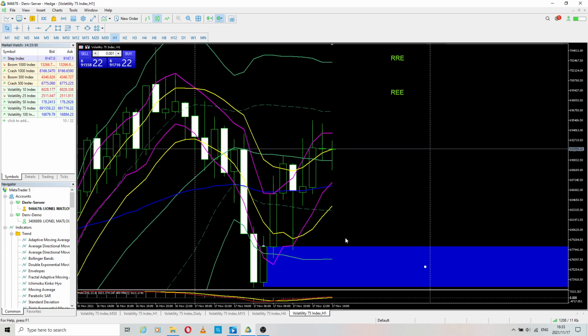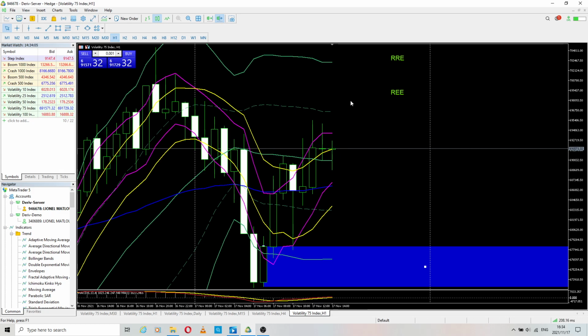Then a candle closes outside of that Bollinger Band. That candle is called a momentum candlestick. So after that momentum candlestick, we should have a re-entry.